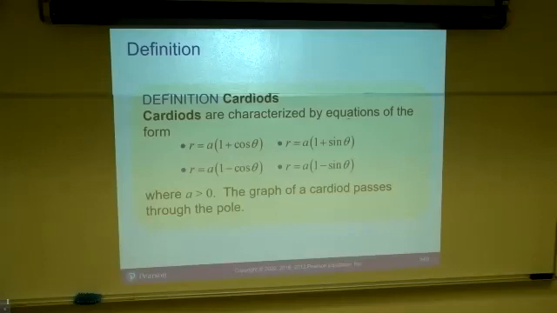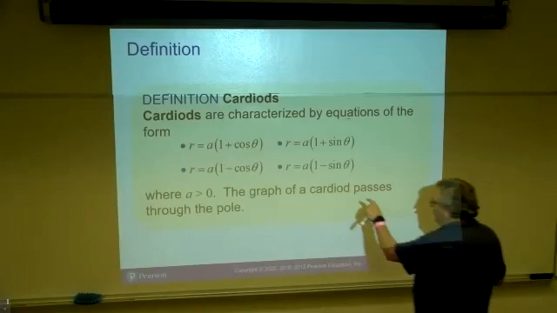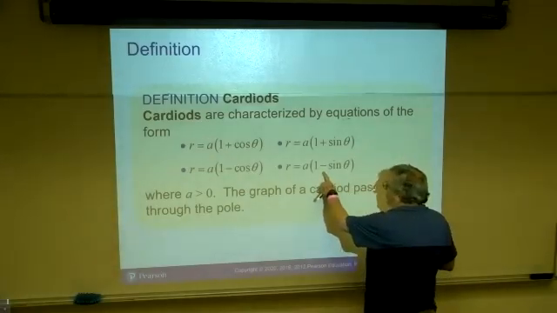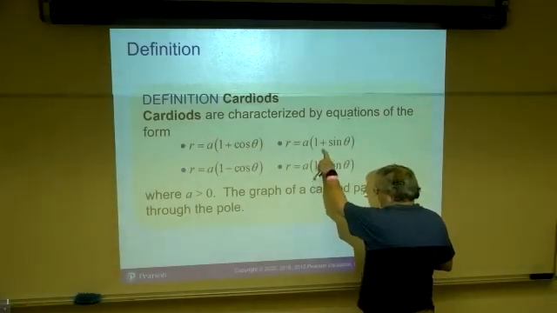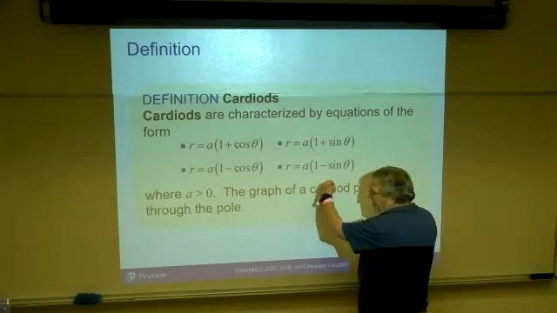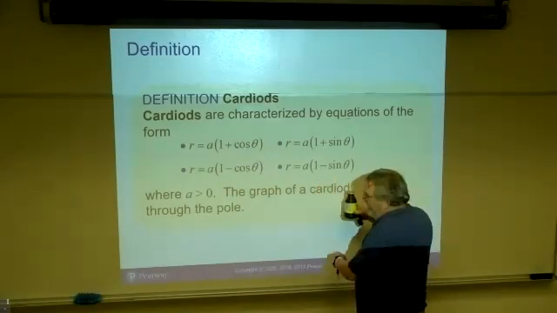So if r is a times 1 plus cosine, or a times 1 minus cosine, ours was this, the one we graphed was this one. And if you have plus, then it's going to look like this one, except it's going to be top to bottom.